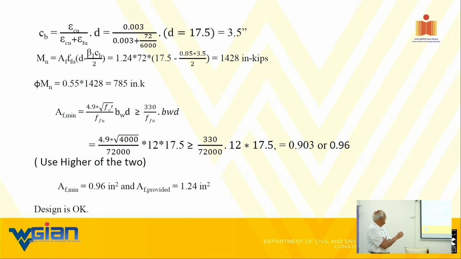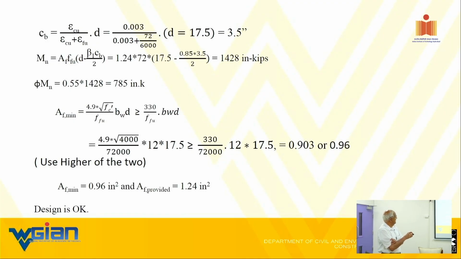This is a b sub w. That means whatever the effective width or whatever, even for the T sections and so on. So at any rate, the A_f min is 0.96.